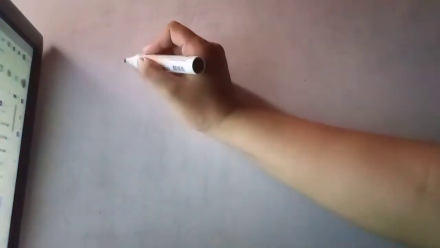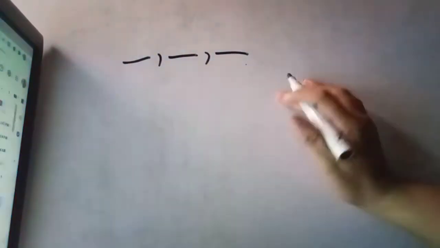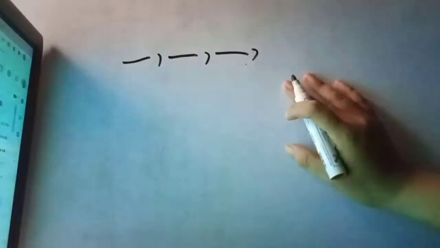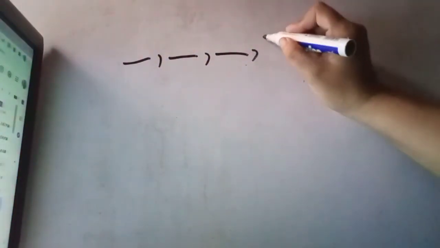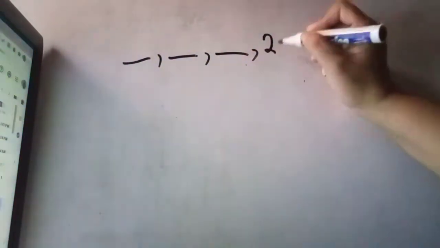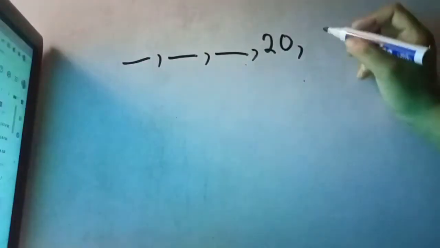Okay, what if ang hinahanap naman ay ang ating first term, second term, and third term, at ang given naman natin ay fourth term and fifth term. So, for example, we have here blank, blank, blank, and then, meron tayo ditong 20 and 25.